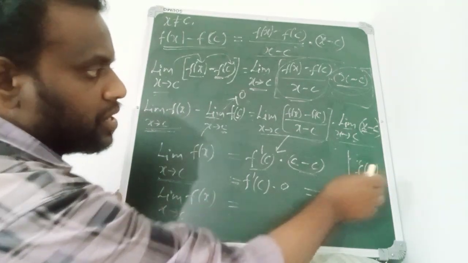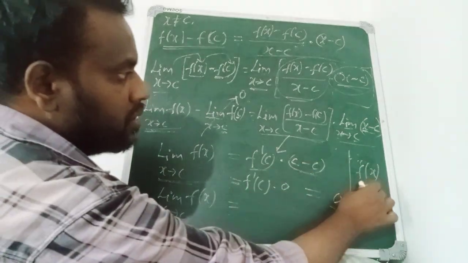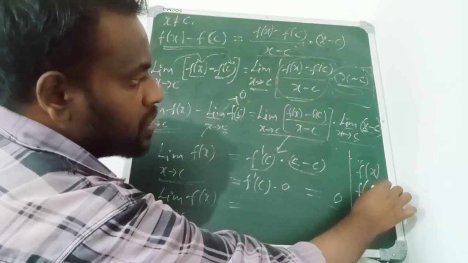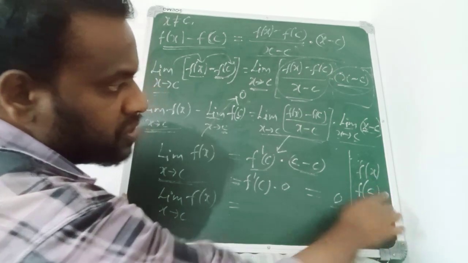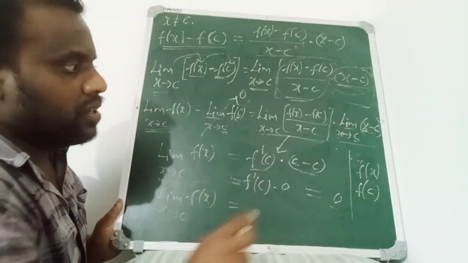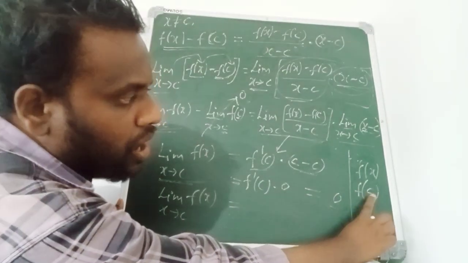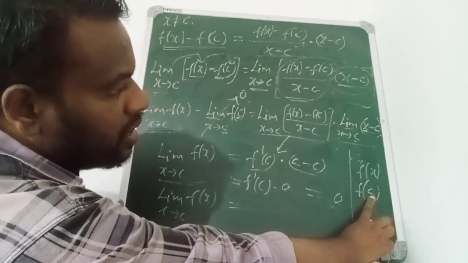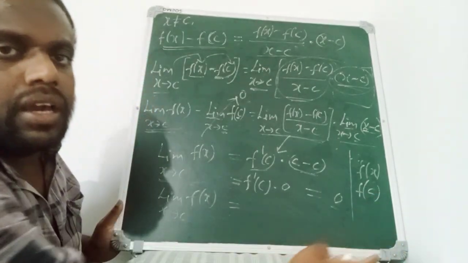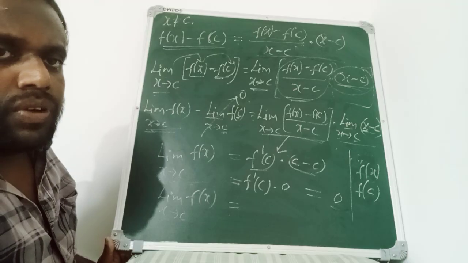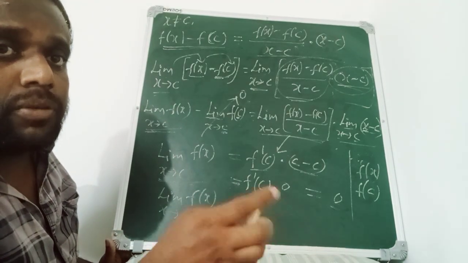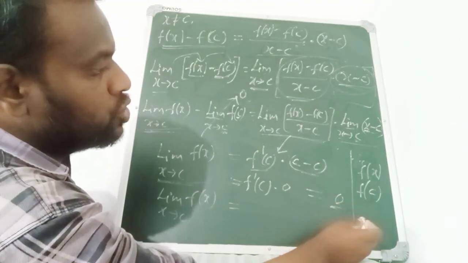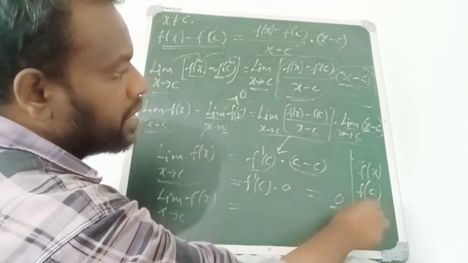This function f of x is differentiable at x equal to c. That means if at x equal to c, in place of x you substitute c, we get f of c. Correct? Since this c is a constant, f of c will become a constant. When we differentiate a constant it will become 0, and in place of 0 we can write this f of c.